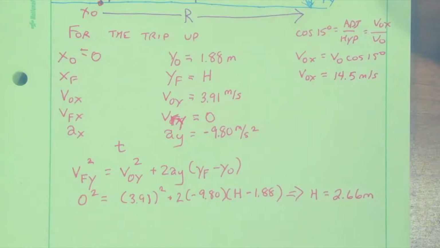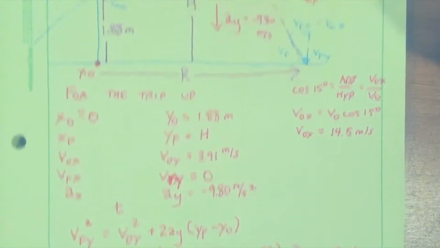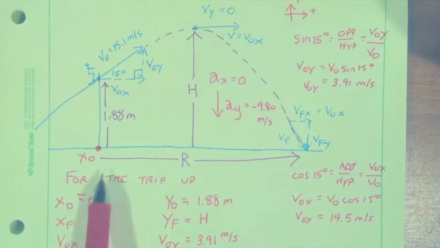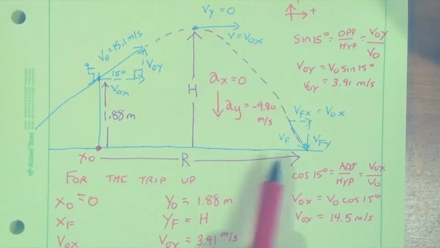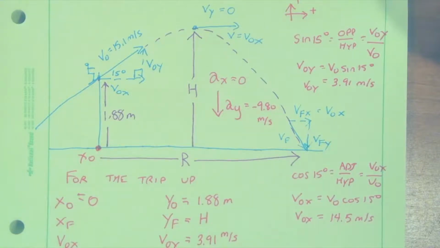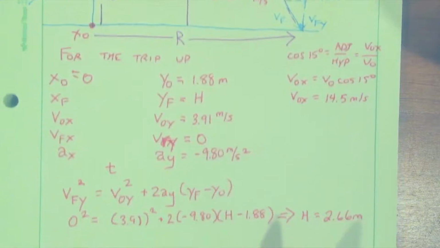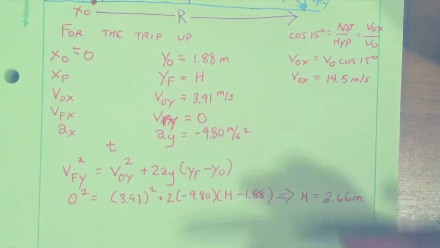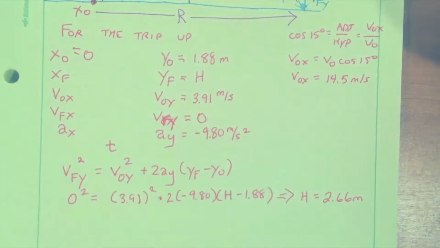So that is her height above the ground. Not above the top of the ramp, but above the ground level, which is what we are looking for. So in this first part, we exploit the fact that the y velocity becomes 0 at the peak of the motion, and that helps us find the position at the peak of the motion.